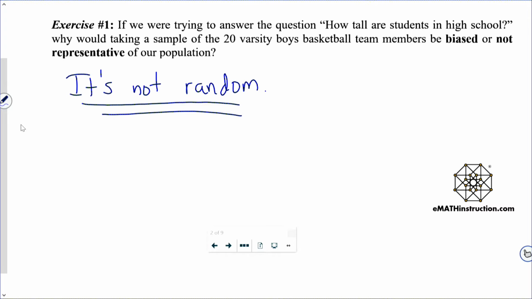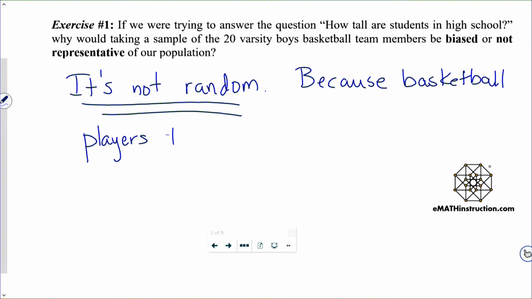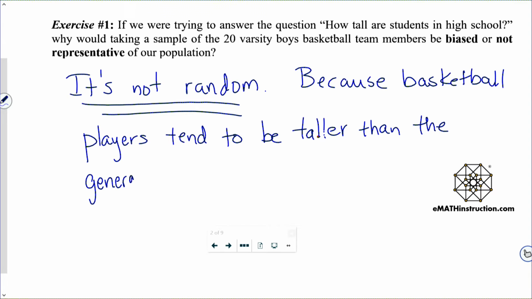And it would be misleading because basketball players tend to be taller than the general population. Right? And this could be really problematic.